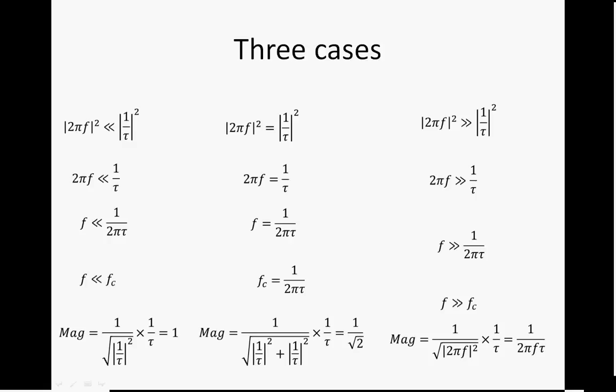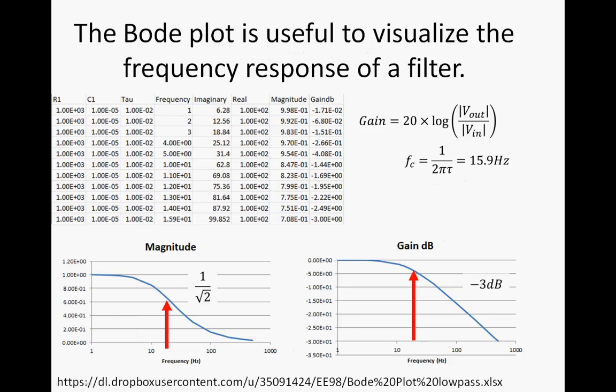When we're equal to the cutoff frequency, the magnitude is 1 over the square root of 2. And when the frequency is much greater than the cutoff frequency, the magnitude is 1 over 2 pi f tau. Add all this together, and that will be the complete response, and that'd be a low pass.